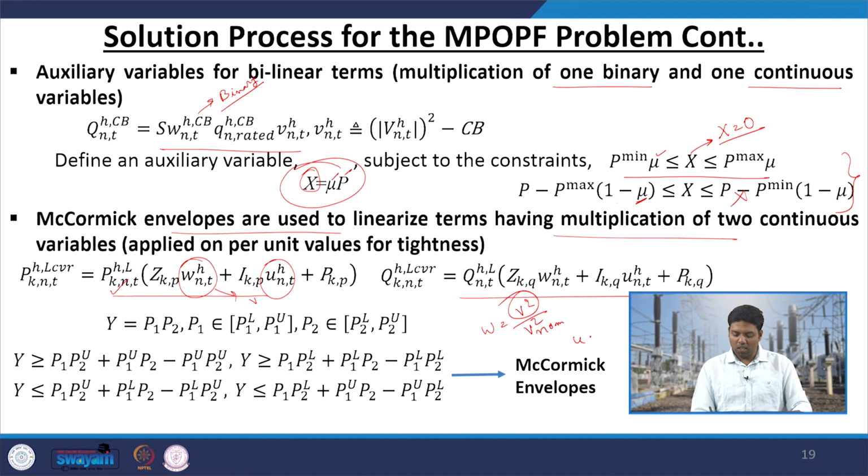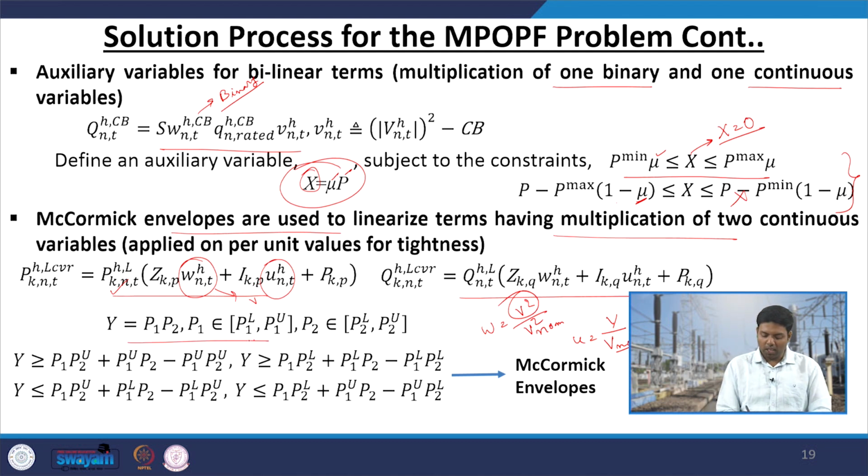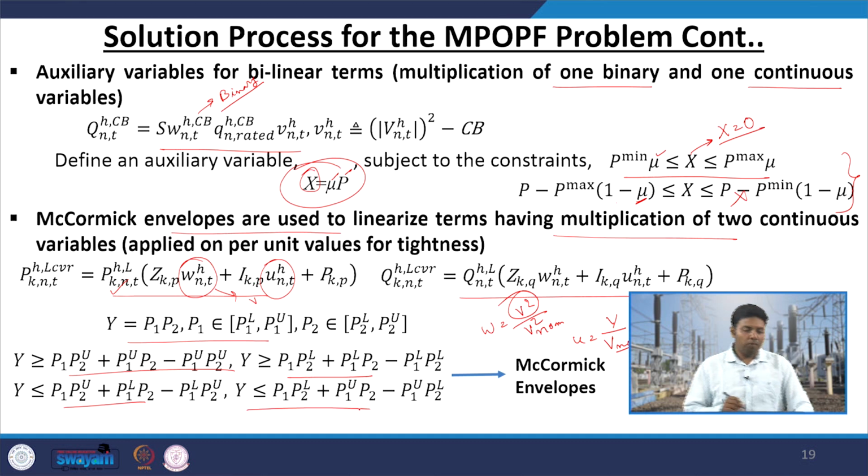Similarly, your U is V by V nominal. Okay. So, that means you have a multiplication of two continuous variables. So, you can represent them with these McCormick envelopes, which add 4 inequality constraints to the optimization problem.